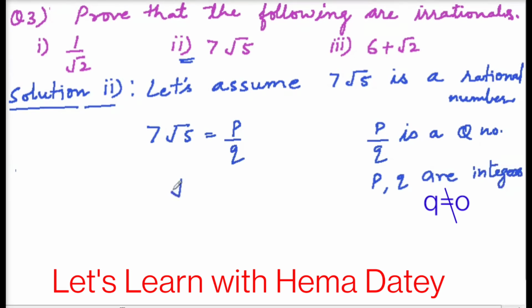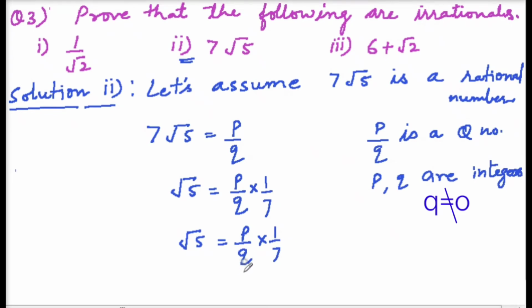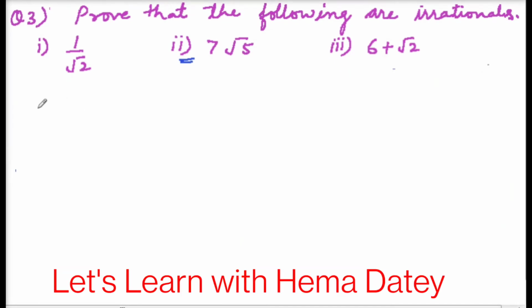Now we will shift 7 to the right hand side and we'll get root 5 equals P by Q multiplied by 1 by 7. P by Q is a rational number. 1 by 7 is also a rational number. So rational number multiplied by rational number gives a rational number. It shows that root 5 is a rational number.